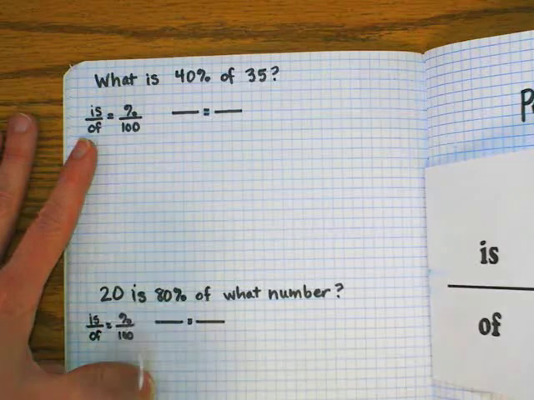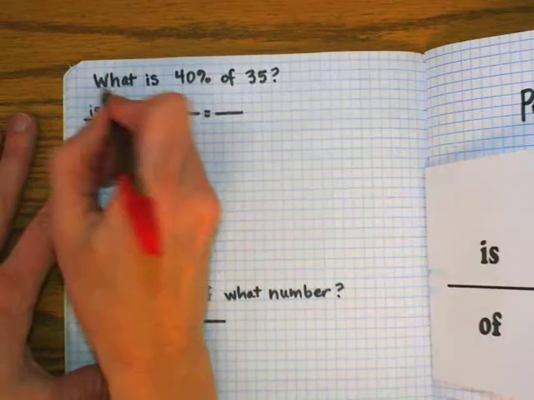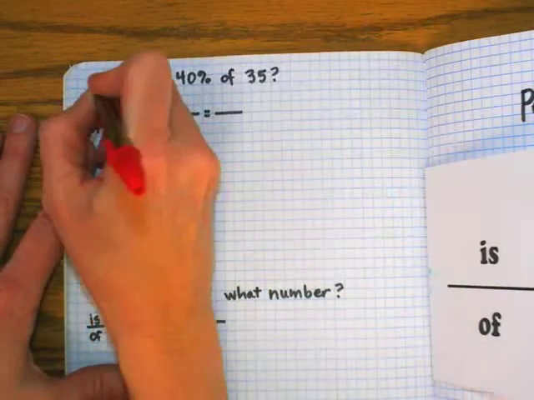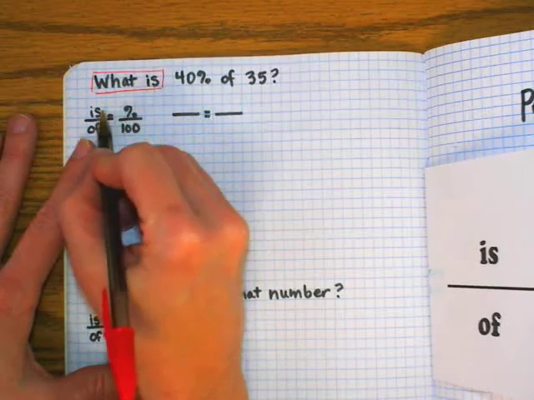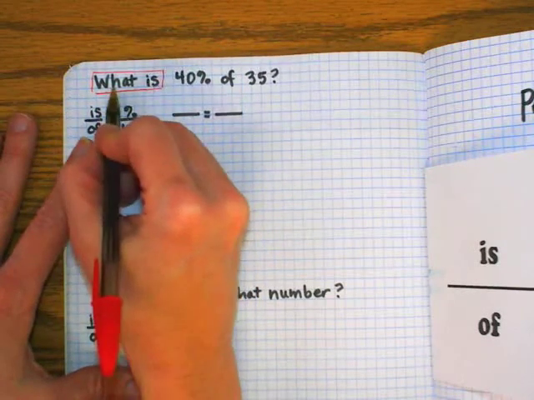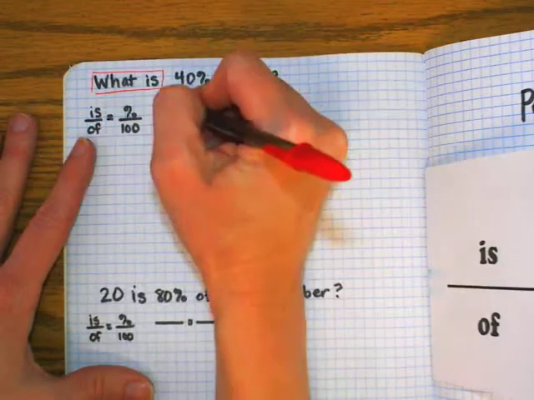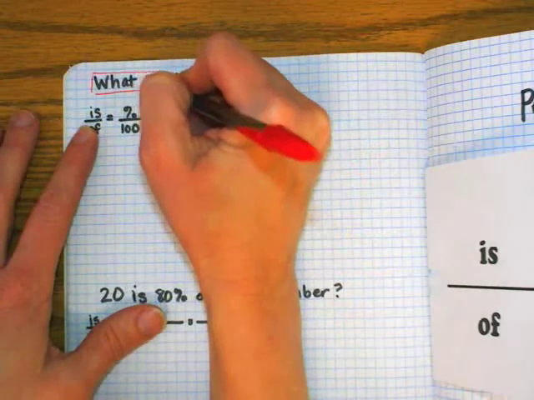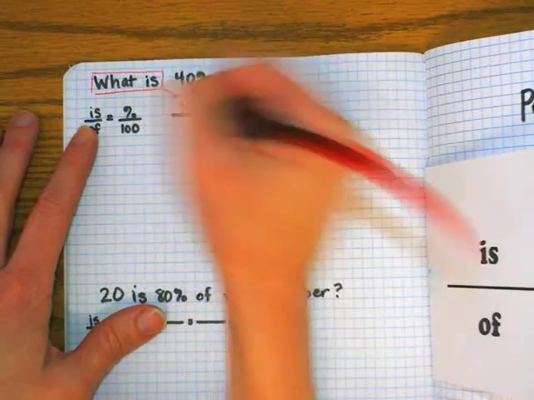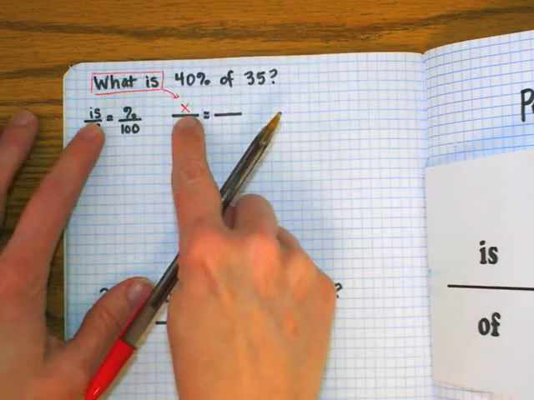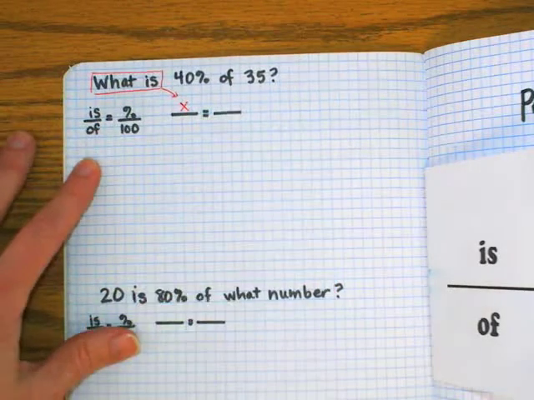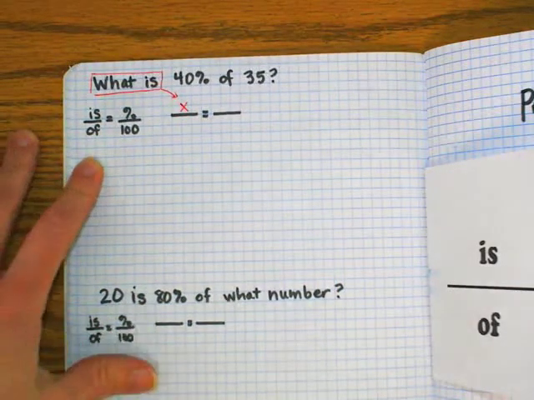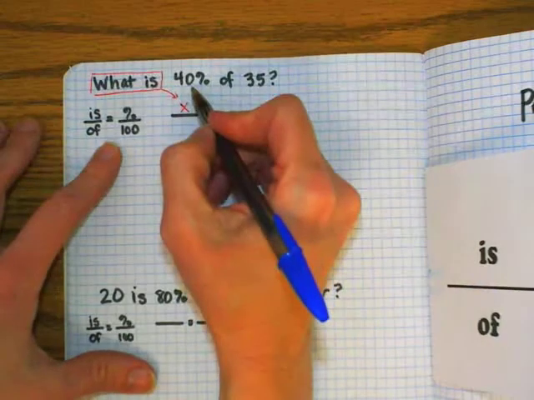So let's see. In this case, it says what is. When it says what is, that tells us the is value is something we don't know because it says what. Therefore, that's going to tell me that my unknown goes in the is spot in this fraction. So now we need to go on to 40%.